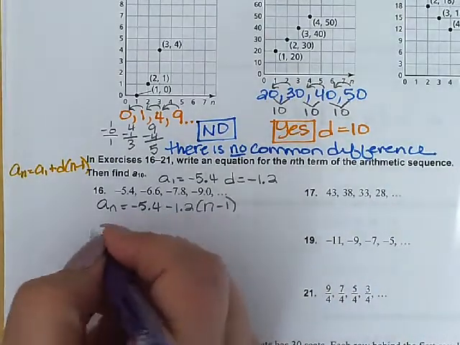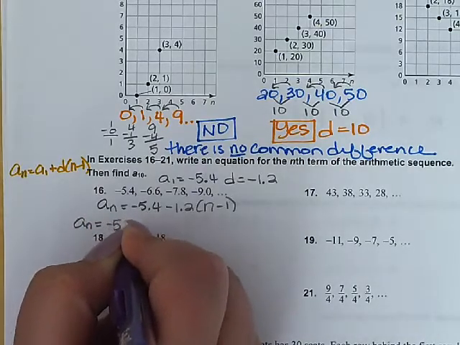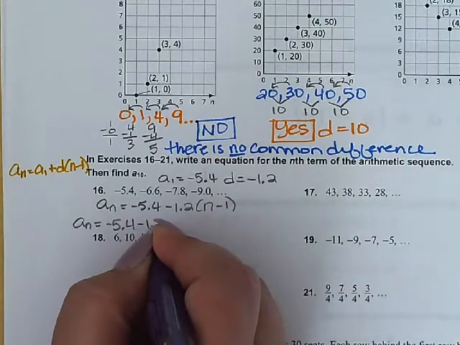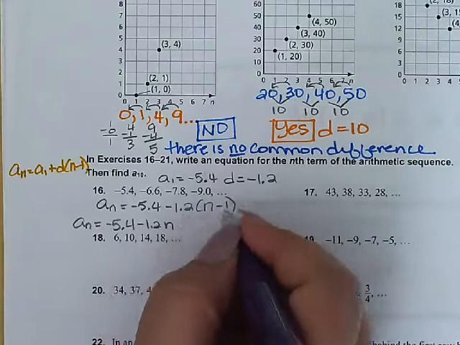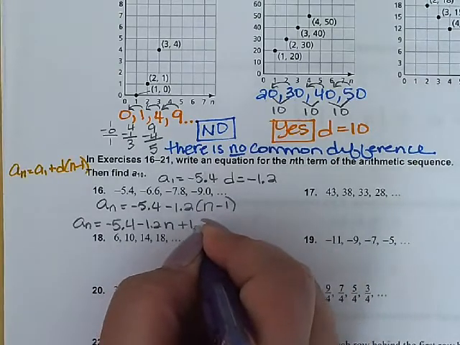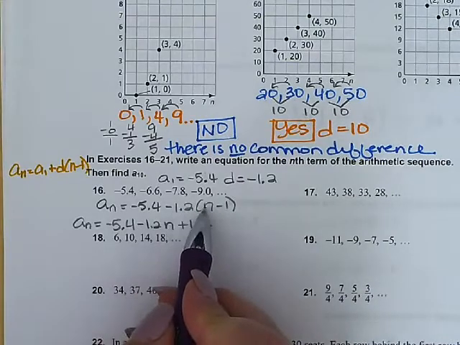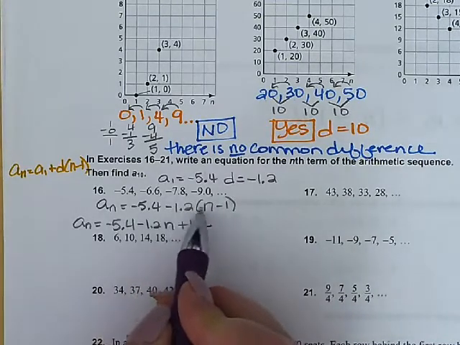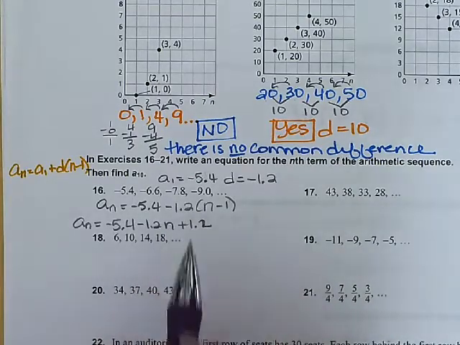Okay, so first let's distribute. I will leave this guy alone. Negative 1.2 times n is negative 1.2n. And then negative 1.2 times a negative 1 is a positive 1.2, sorry. Okay, so I'm just distributing into the parentheses this d value. So d times n is right here, and then d times the negative 1 gives me that.